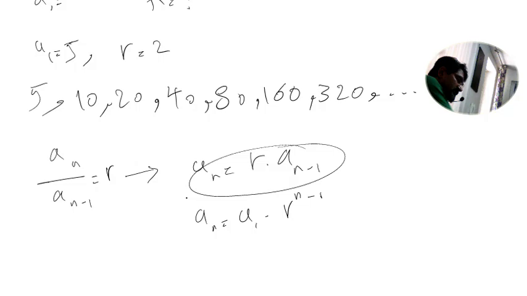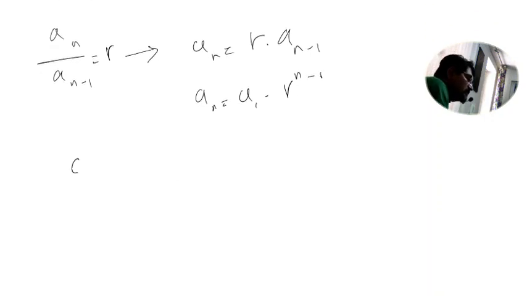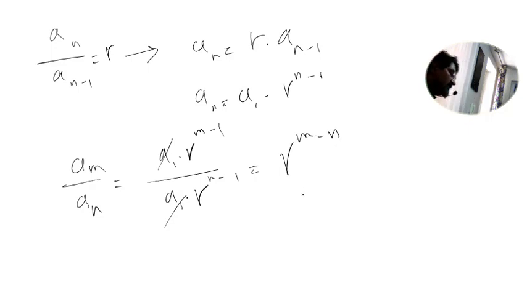That is the recursive formula, and this one is the explicit formula. Also we can see that am over an is a1 r power m minus 1 over a1 r power n minus 1, that is r power m minus n.